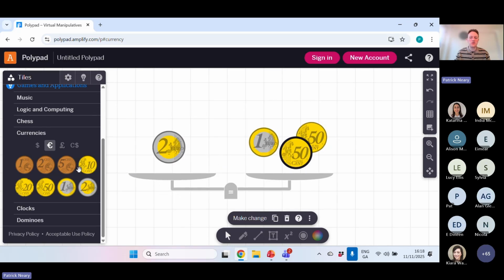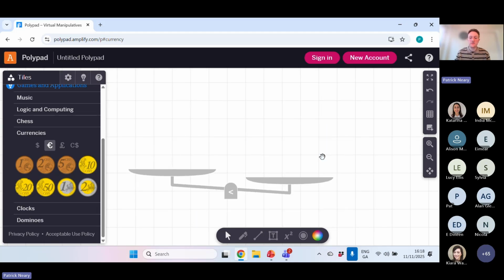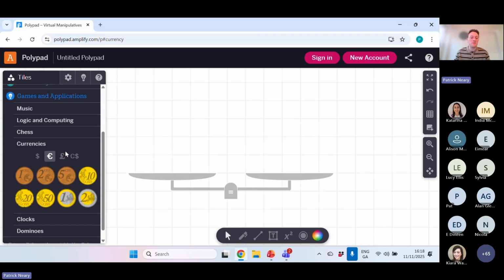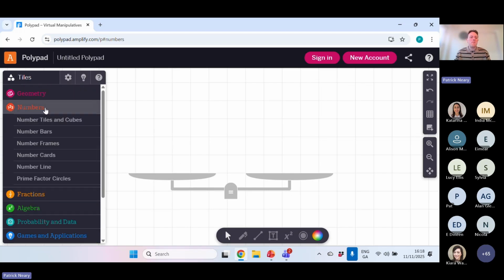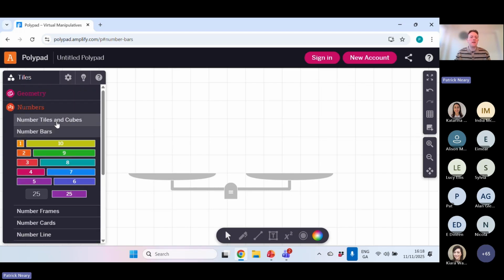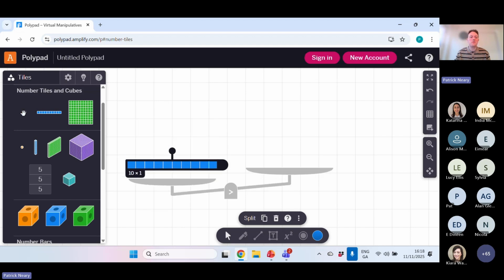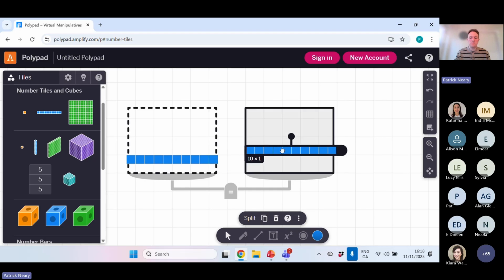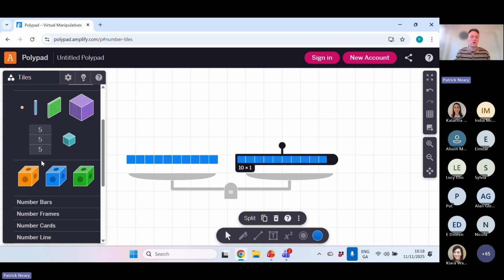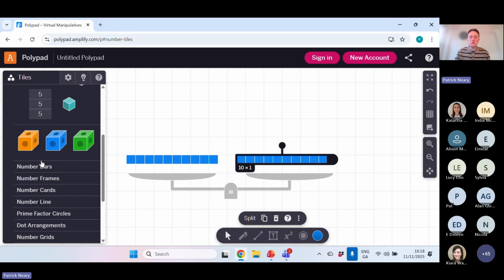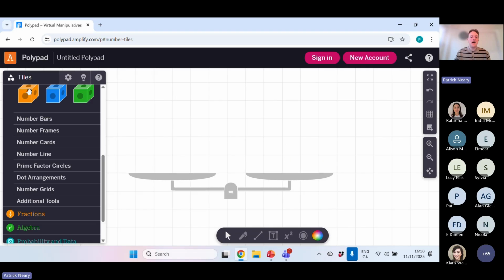Again, with devices, children could create different versions of this for a partner and have some challenges for each other. Back in numbers, I can also put in my place value, my base 10 equipment to test it out. So all of the equipment works in it. I could use cubes with the younger classes.